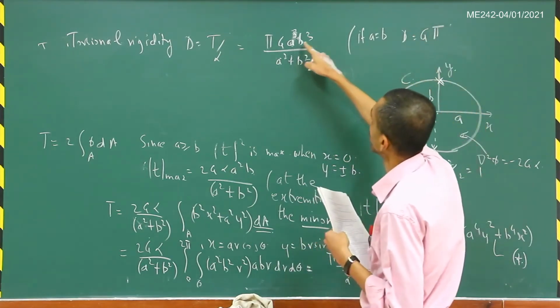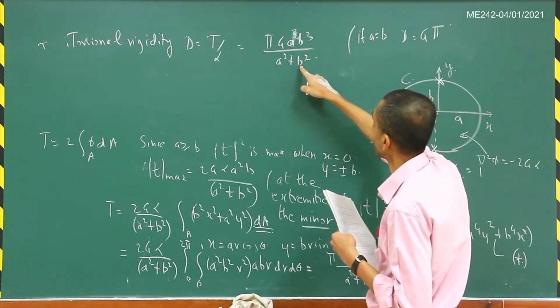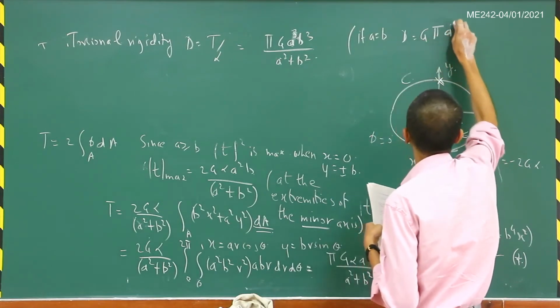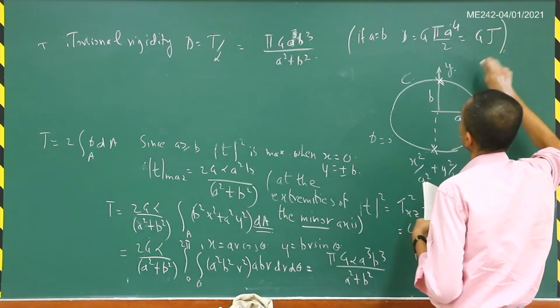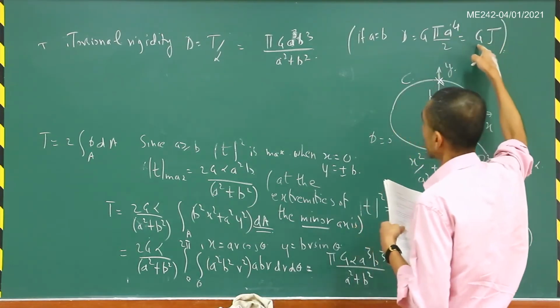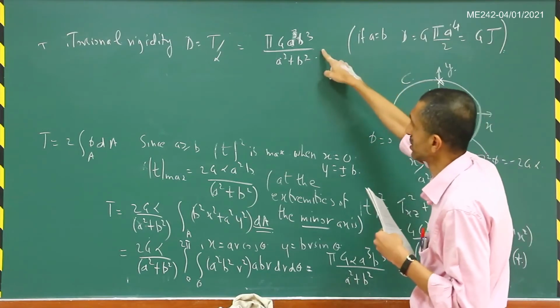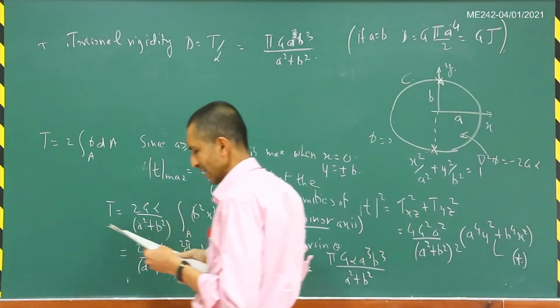This will go to a to the 6, and this will go to 2 times a square. So it will go to G times pi a raised to 4 divided by 2, which is equal to G times J. So this is exactly the torsional rigidity of a circular shaft, and so this result does reduce to that for a circular shaft, as expected here.